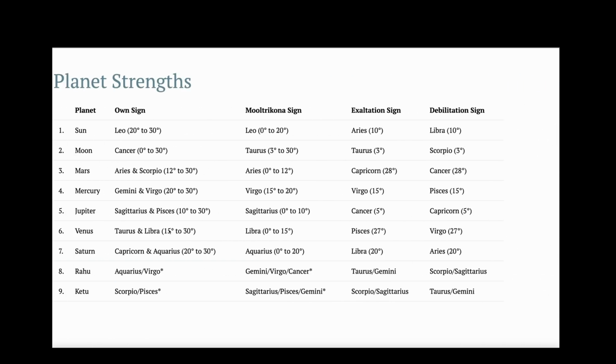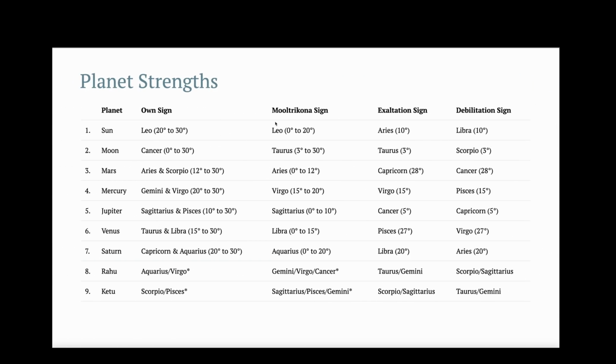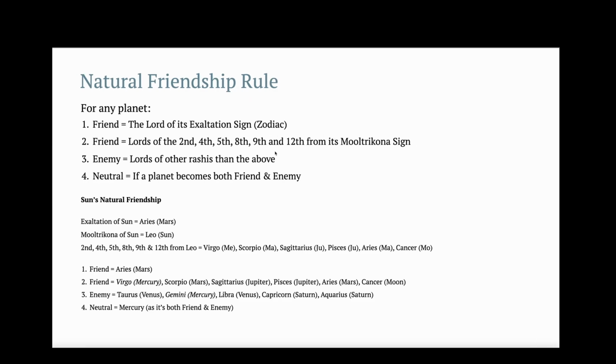Going back to the slide, the Mool Trikona sign of Sun is Leo. The lords of the 2nd, 4th, 5th, 8th, 9th and 12th signs from its Mool Trikona sign are its friends.